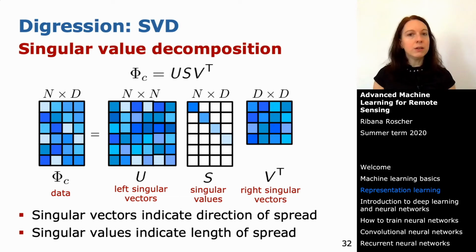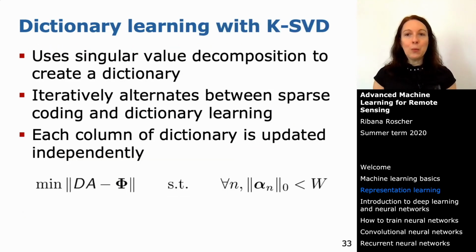And the singular value decomposition we need now for K-SVD in order to create a dictionary. K-SVD is not only that you apply it and then you have a dictionary, it's more an iterative process, and you switch between sparse coding and the dictionary update.